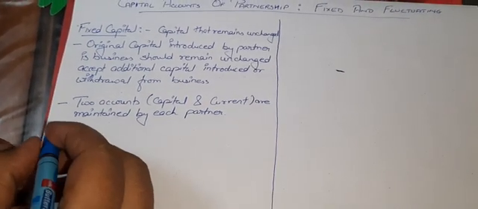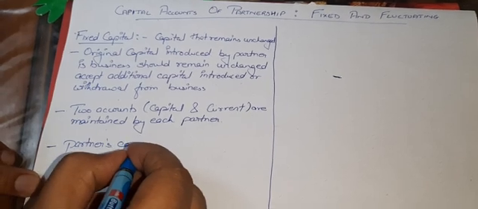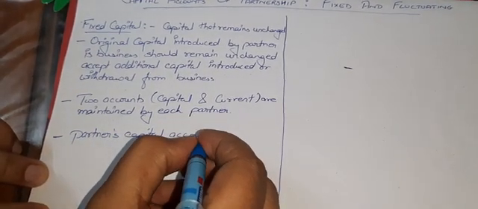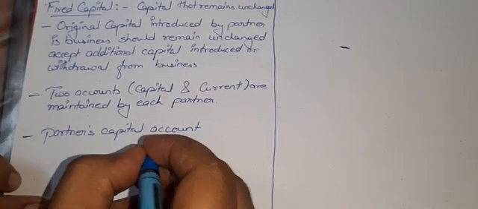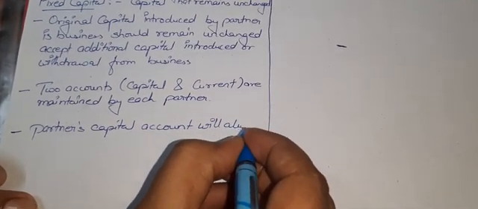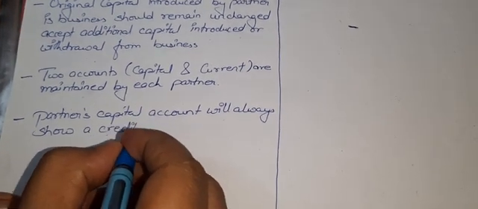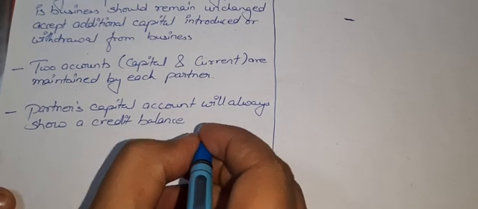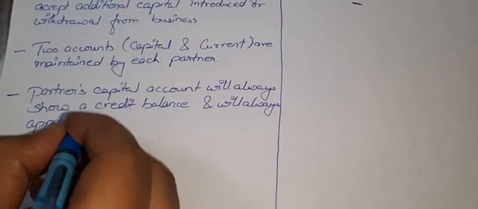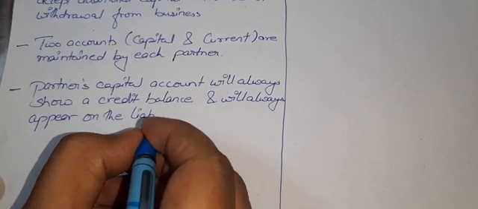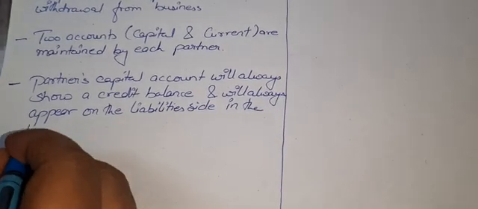When we are making the partners' capital account, it will always show a credit balance and will always appear on the liability side in the balance sheet.